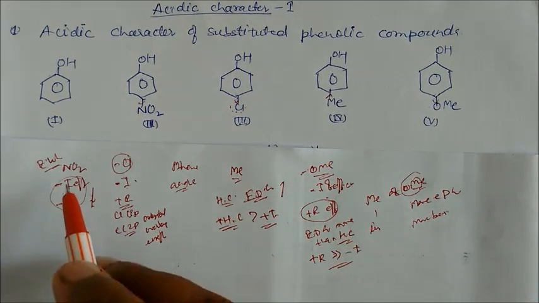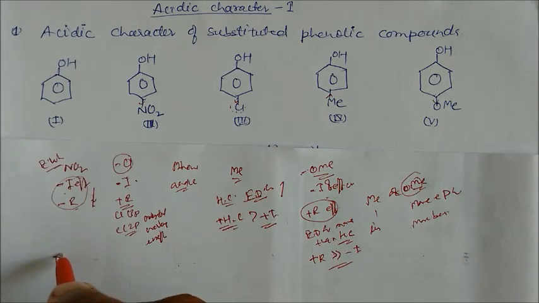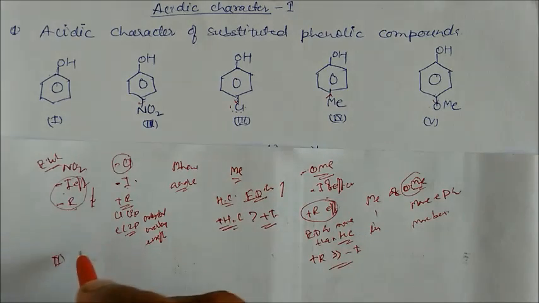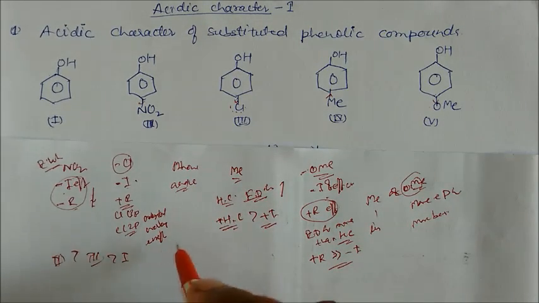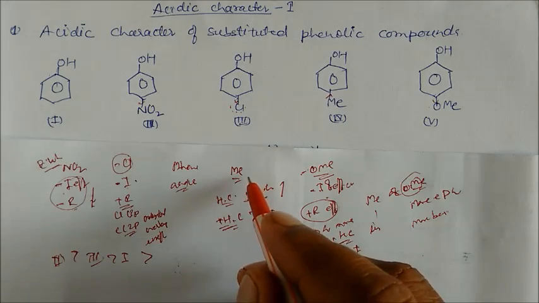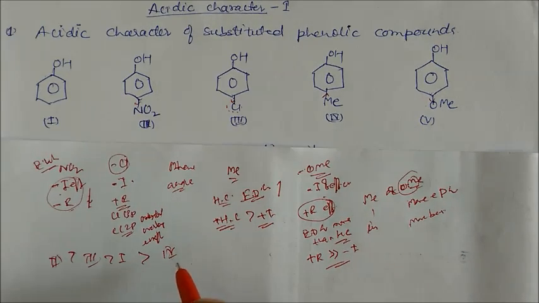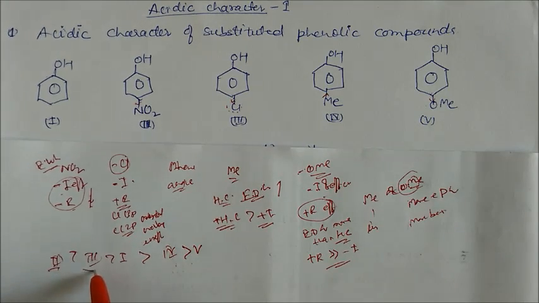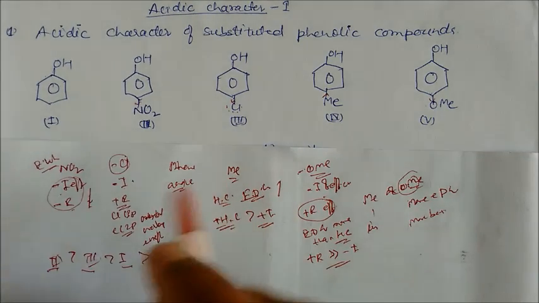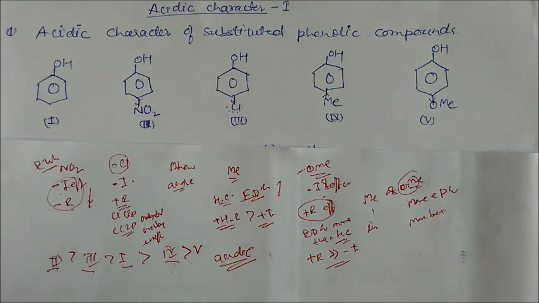So the series goes like this: NO2 is 2, Cl is 3, phenol is 1, then Me is 4, and then after 4 we have 5. So this is the second, this is the third, this is the first and fourth. This is the series of the acidic character. So this is our answer.